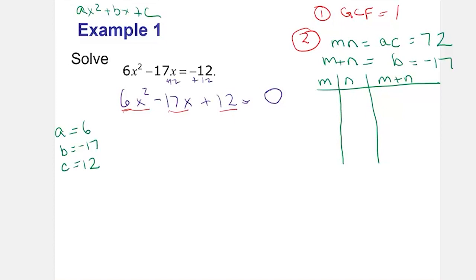So for 72, I always start with 1. So 1 and 72, and then 2 times 36 is 72, and 3 times 24 is equal to 72, and 4 times 18 is equal to 72. 72 is not divisible by 5.